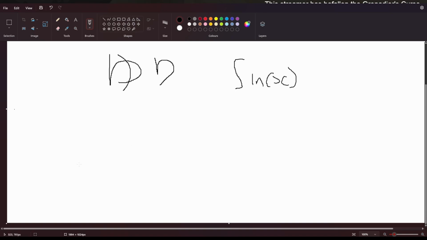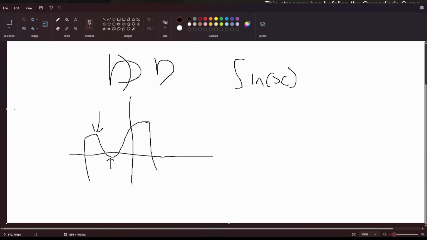You've got a curve that goes like that. Pretend it's a curve. This is your x and y. Now you want to know where its stationary points are, and let's say the curve goes back down like this.